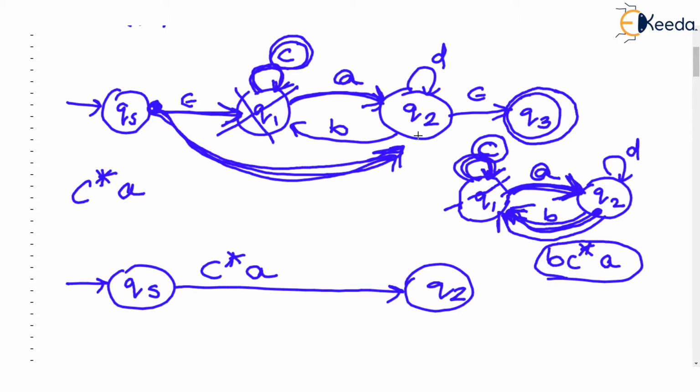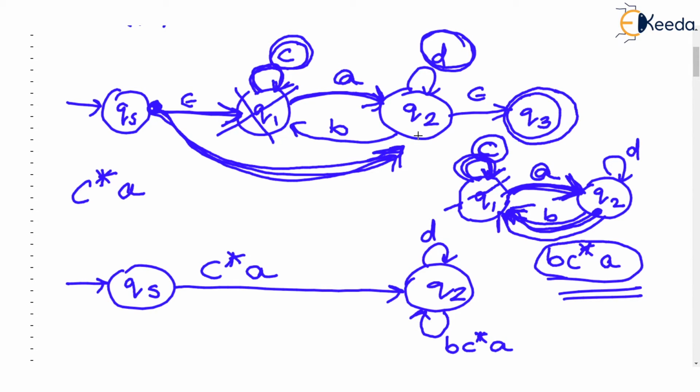But then where are we going to write this regular expression? Notice this regular expression will be written for Q2 itself. Please try to understand this point. This path was from Q2 to Q2 itself, so there is a loop for Q2 now after ignoring Q1. And of course, the loop for Q2 given in the original FA, which was D, is still there.